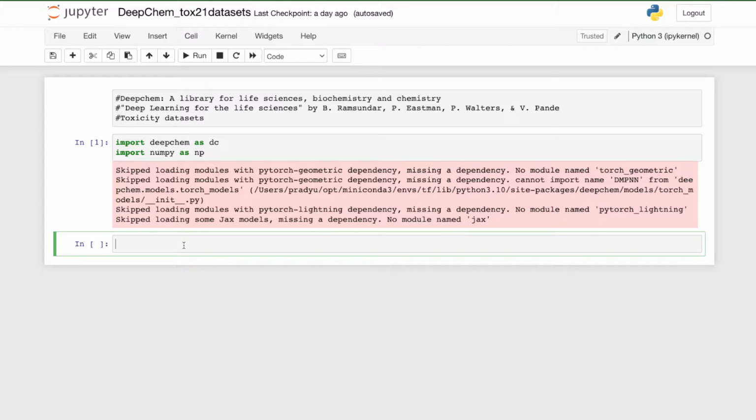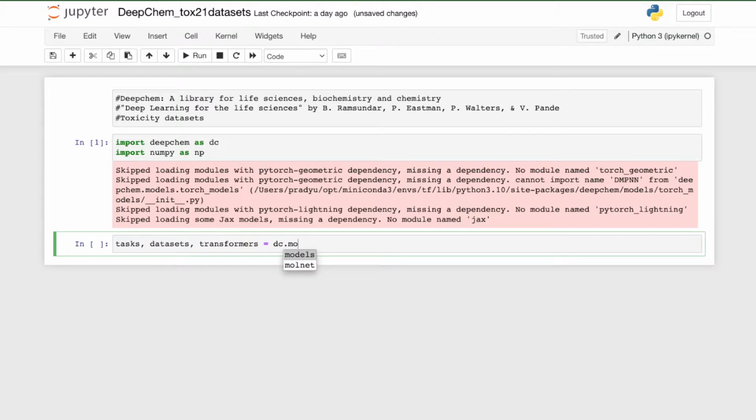So let's load our datasets. Let's load our datasets by task, datasets and transformers. I'll explain what each one of these means. Like I said, DeepChem does have a lot of datasets.